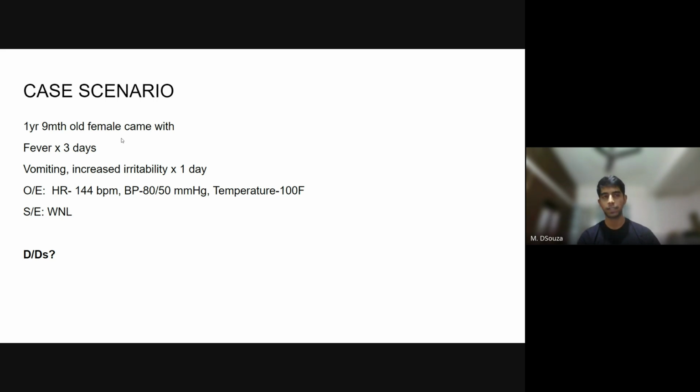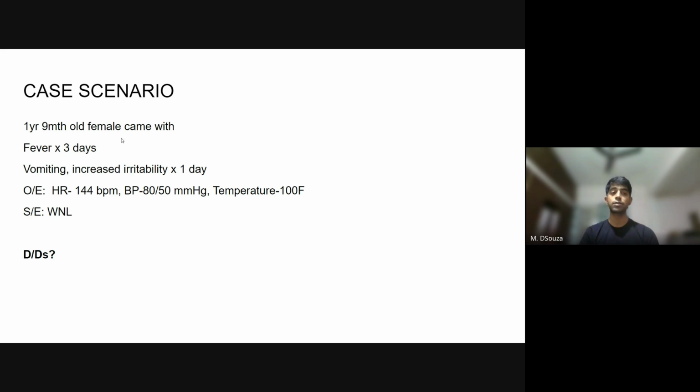Now, something that you would ask the parents: younger children, of course, would not present with burning micturition or increased frequency. It would require highly vigilant parents to say that, okay, my child is urinating more often, or that the child's urine smells a little funny, or that the child is crying, particularly in and around the time of passing urine.